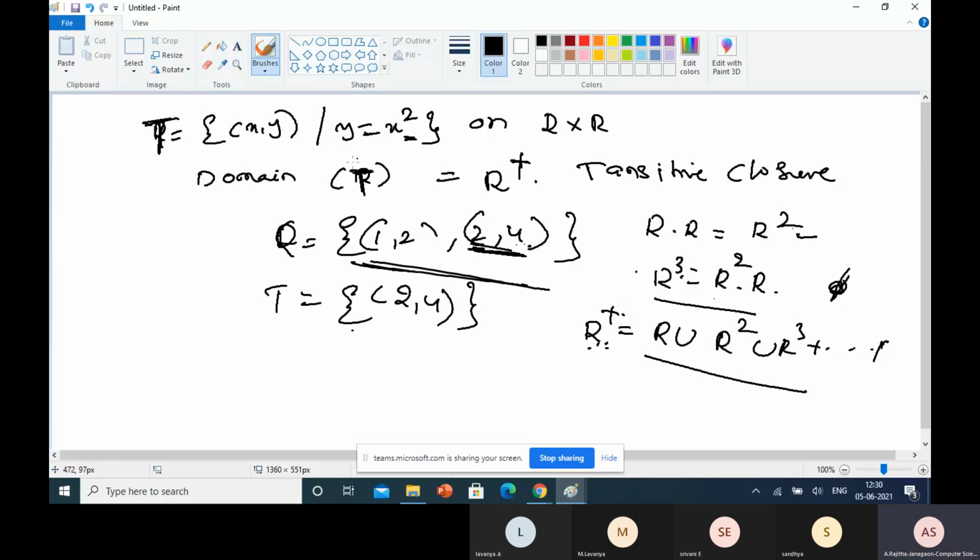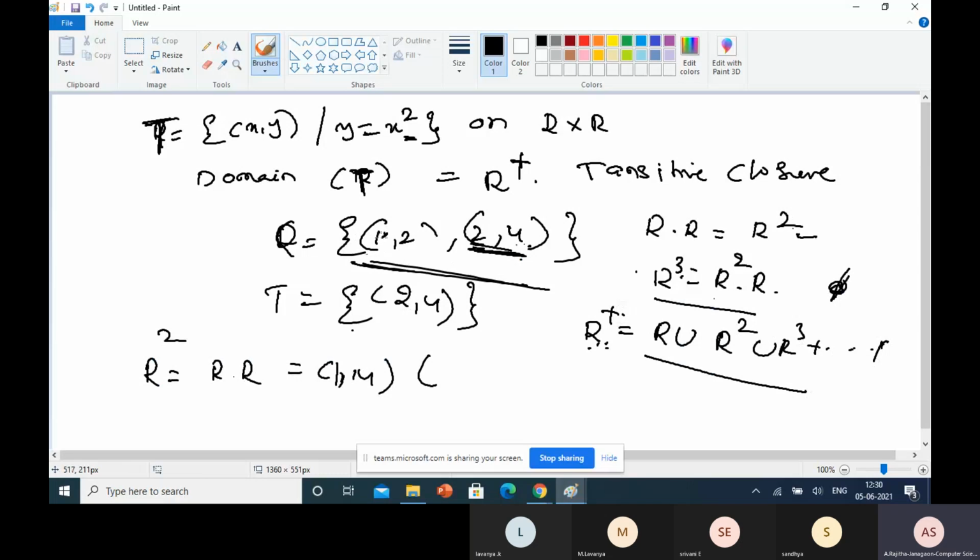Okay, so here you can apply this: R equal to this one, R square equal to R and R, meaning 1 to 2. So from 1 to 2, there exists only one, that is 1 comma 4.